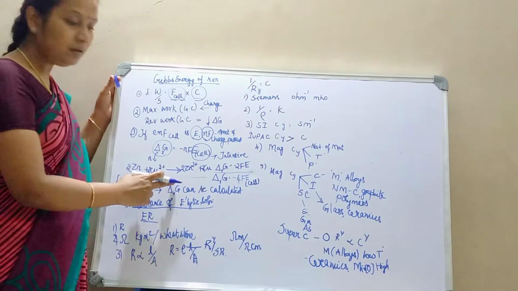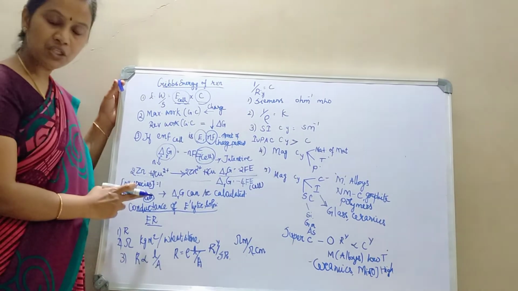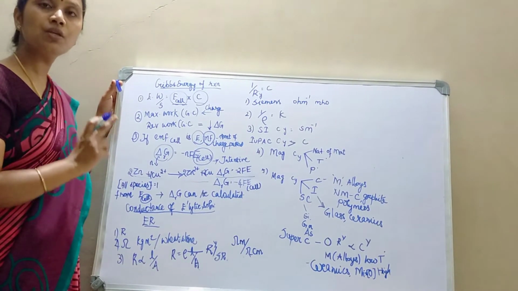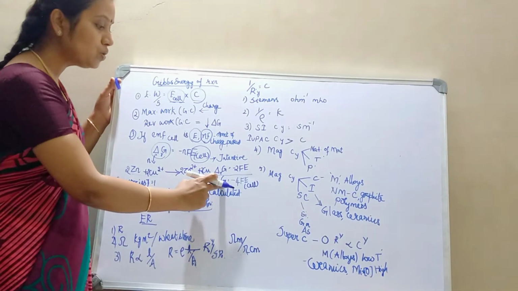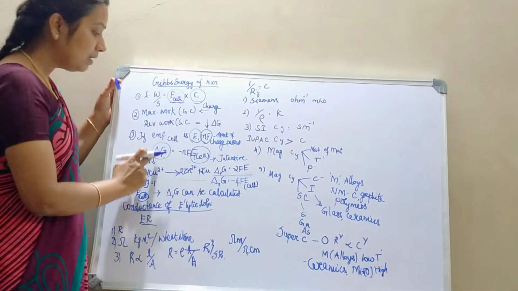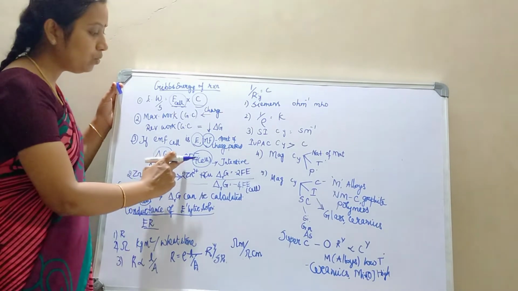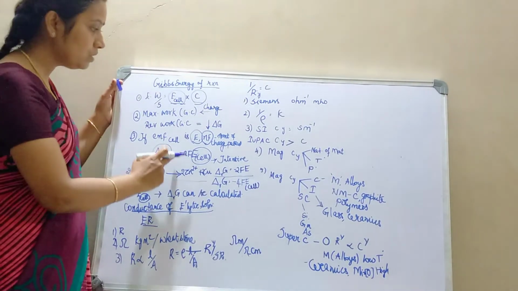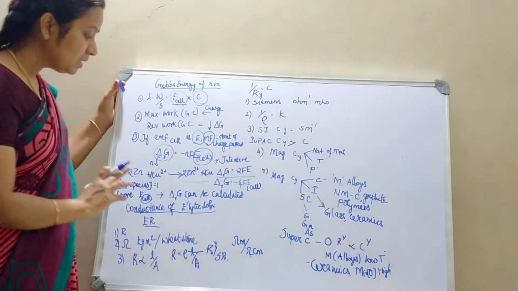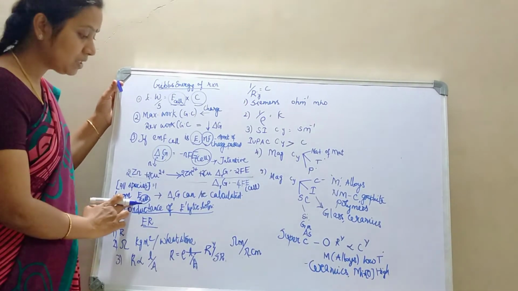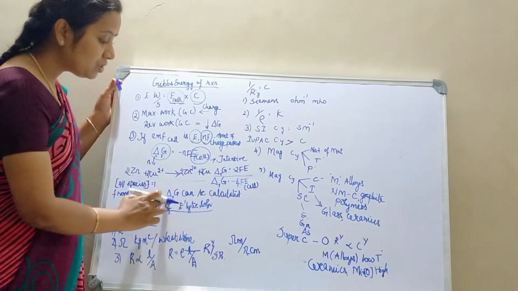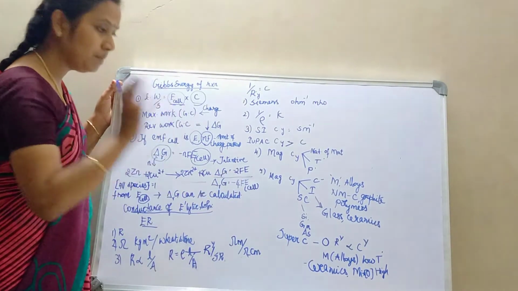Say, for example, this is a standard electrode potential where the concentration of all the species is equal to 1. Then what happens to delta Gr? Then delta Gr is equal to minus nFE, with n equal to 1, so it is the same value.